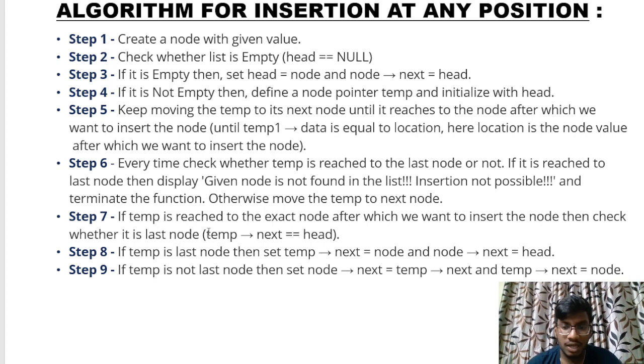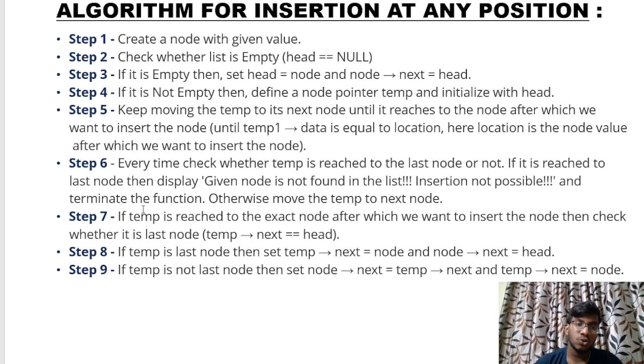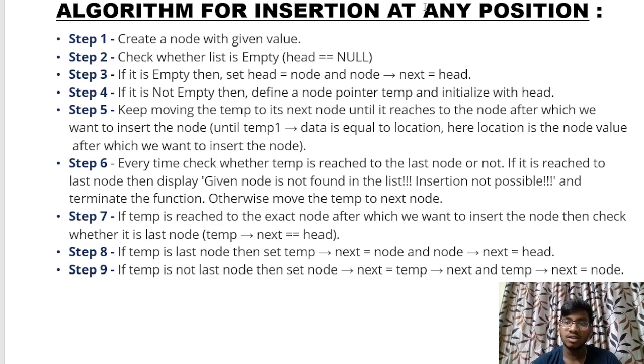When we reach the exact node after which we want to insert the node, then check whether it is the last node or not. There can be a chance of it being the last node too. The algorithm for insertion at any position can be insertion at beginning or insertion at end. So we are checking whether the temp is the last node or not.